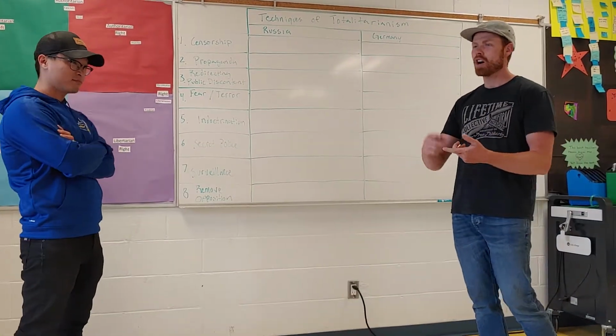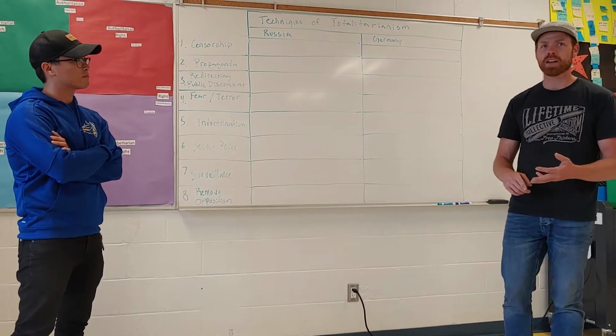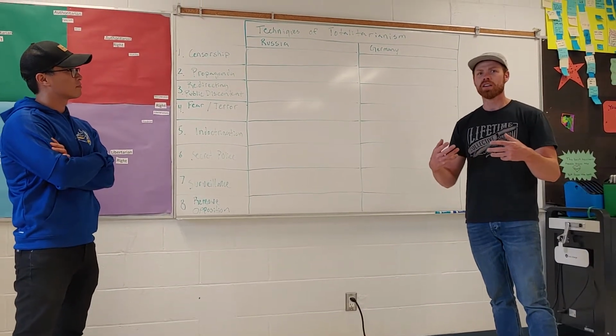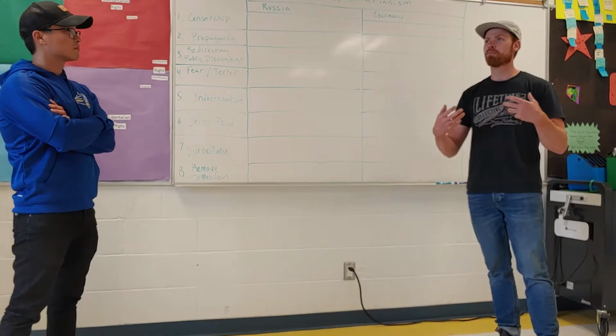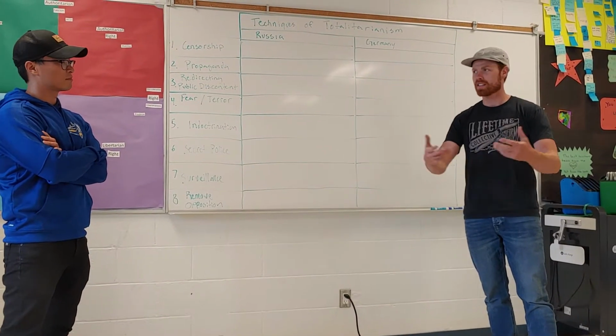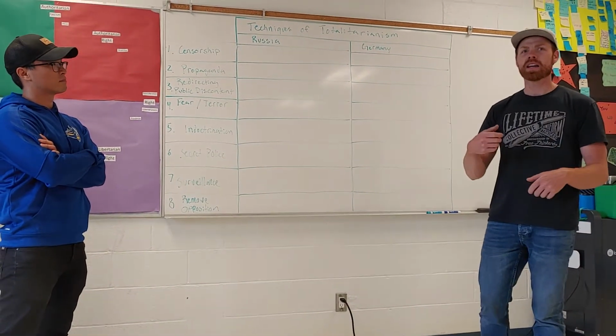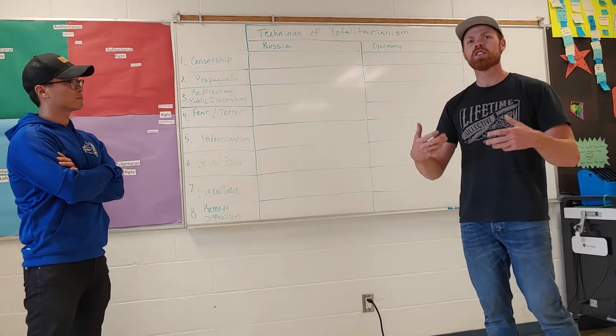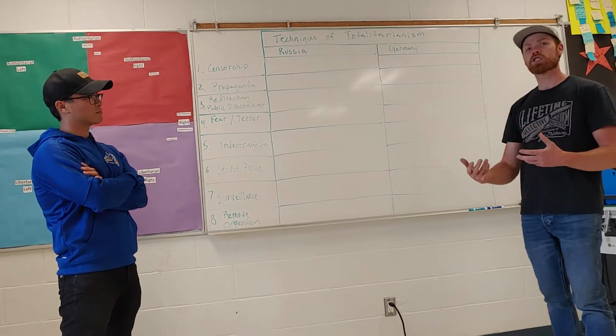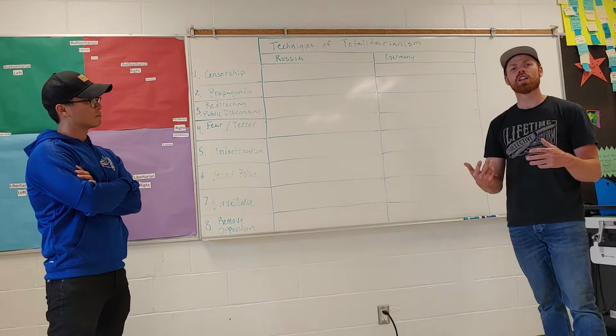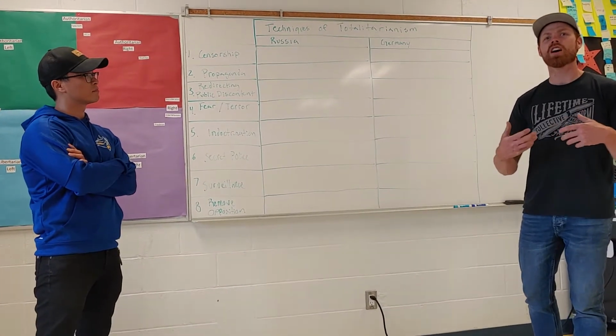So doctors, lawyers, professors. That way they couldn't have any sort of educational or professional influence on society, as well as Hitler began to remove art, music, and literature that came from ideologies or societies that he saw as unfit.